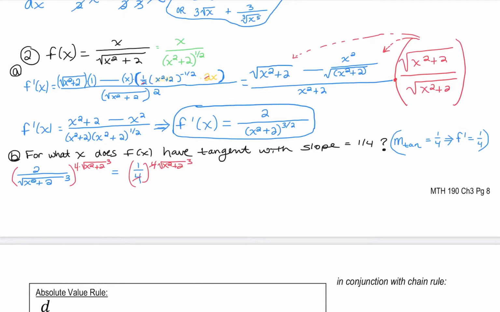So we reduce the 4's here, we reduce the radicals there, and so what do we really have at this point? We would have 8 on the left, the 2 times 4, and then on the right-hand side, we just have the radical, the x squared plus 2 square root quantity cubed.